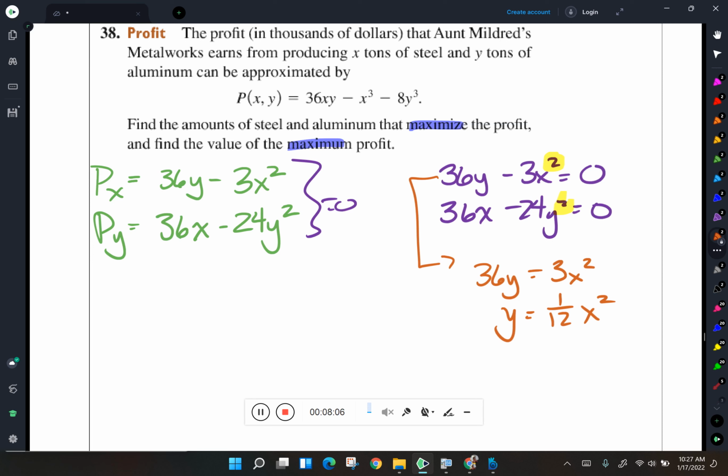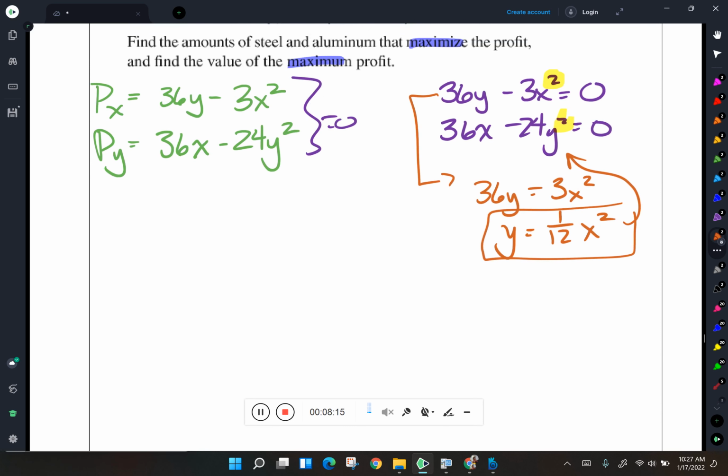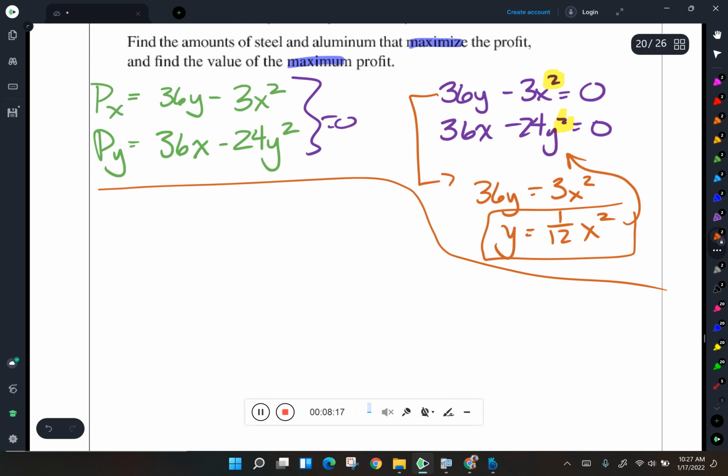That's horrible, but all right. And then I can substitute that into the second equation. So that's going to give me, and I'm going to come over here because it's going to be a monster, 36x minus 24 times 1/12 x squared is equal to 0. So let's do some work on this.